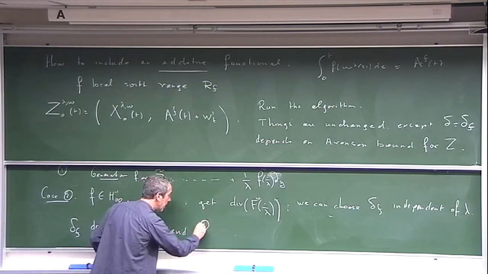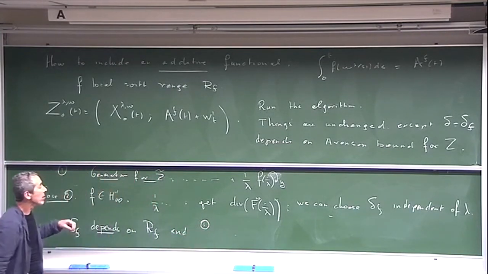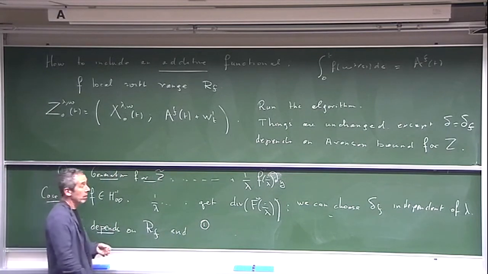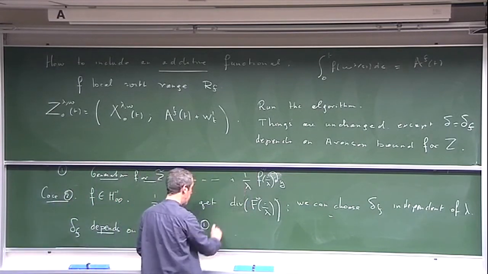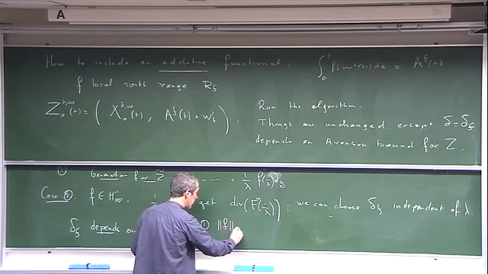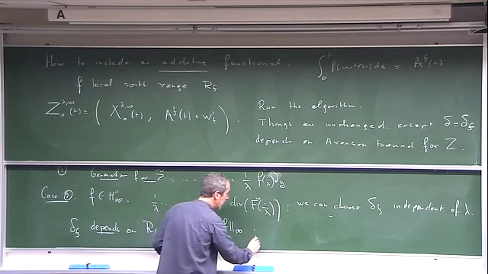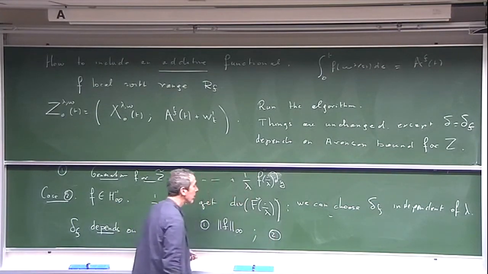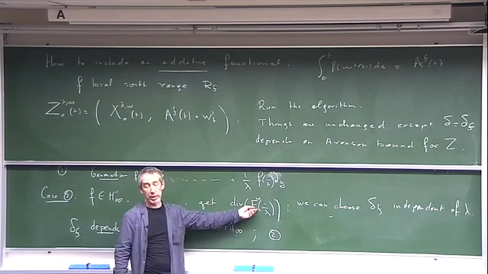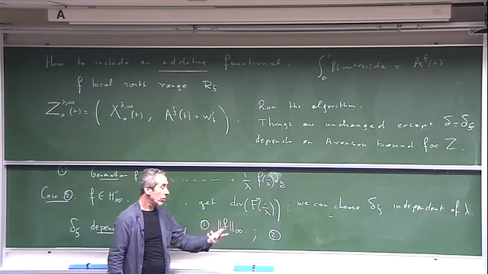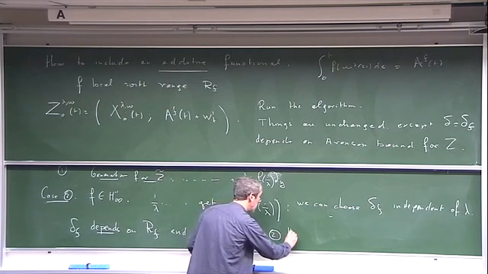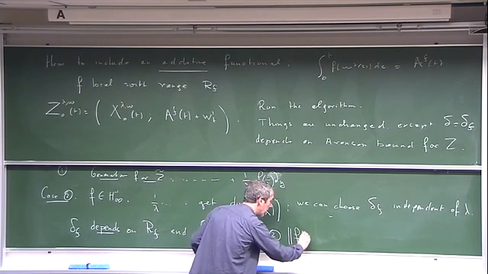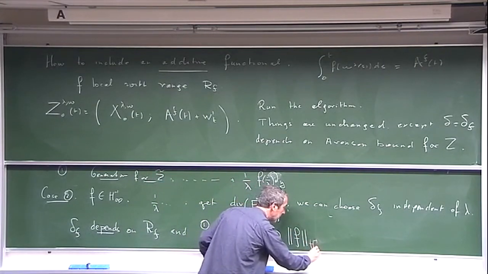So in case 1, it certainly depends on the L-infinity norm of F because of this term. And in case 2, it depends on the L-infinity norm of F omega, this big F. So you optimize, and then you get that it depends on the norm of F, but in H minus 1 infinity.